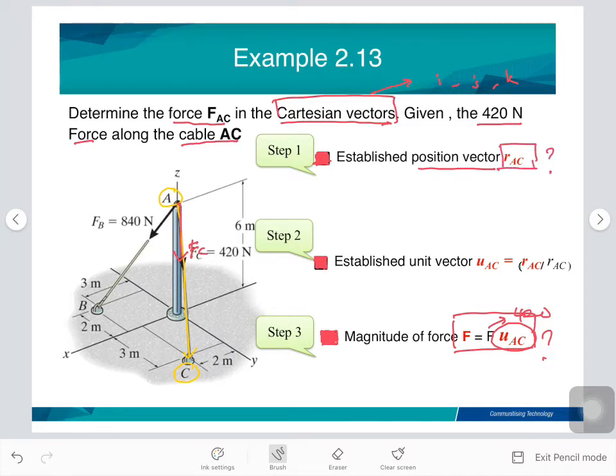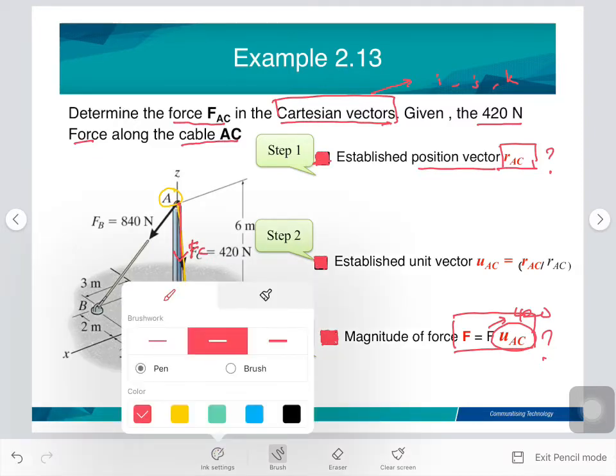So how to determine the position vector RAC? We need to determine the coordinates of A and C, because it goes from A towards C. So the RAC is C minus A.